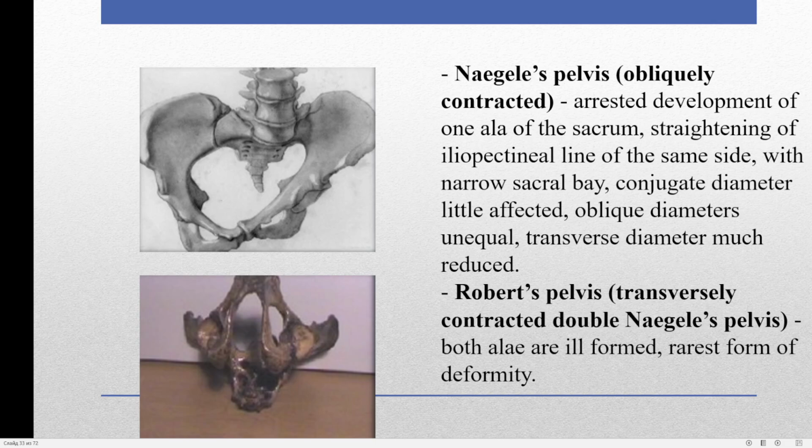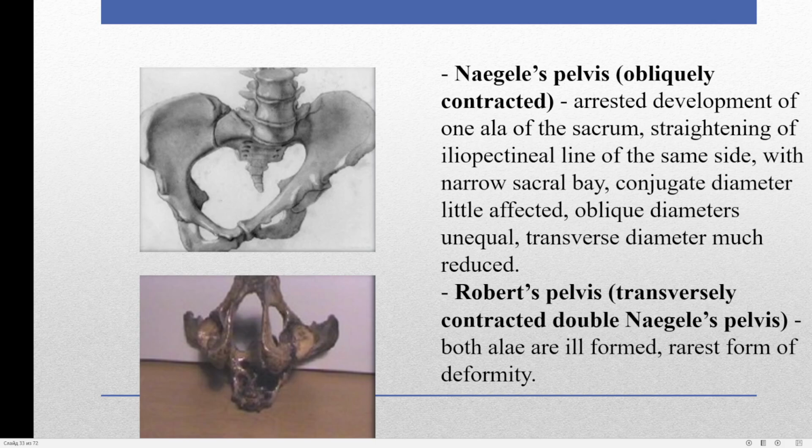In this picture you can see Nagele's pelvis: arrested development of one ala of the sacrum with narrow sacral bay, conjugate diameter little affected, oblique diameter unequal, transverse diameter much reduced. In the lower picture is Robert's pelvis.